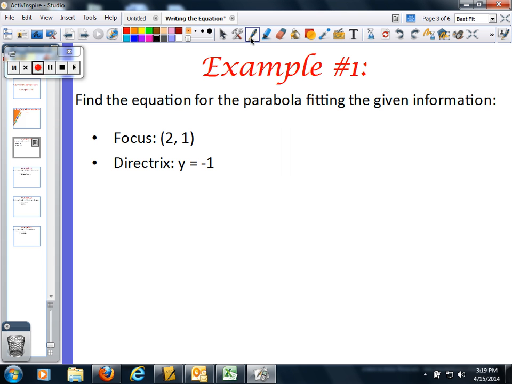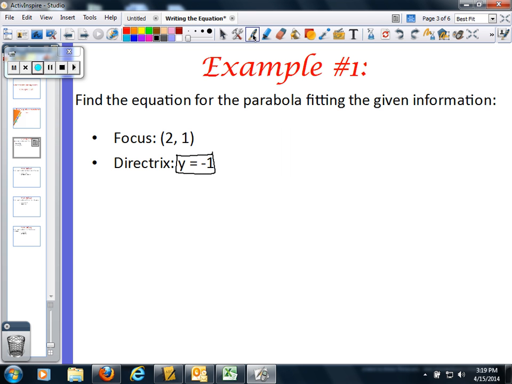Because if you remember, this is going to be a horizontal line through the point (0, -1) on a graph. Okay? So, with that being said, that tells me that my graph is opening up or down.